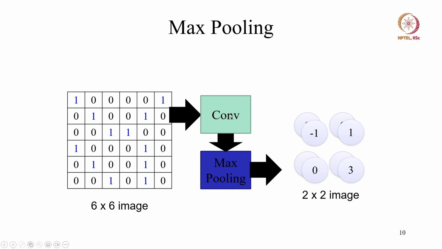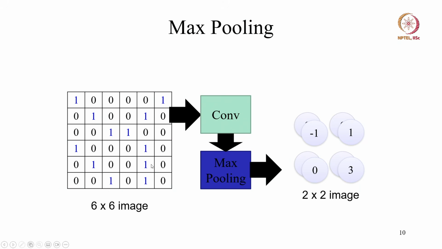Once you do the convolution, you do what is known as pooling. Pooling basically reduces the size of the convoluted image which you are going to get. You are reducing that size by taking a window, and each window is being replaced by just one value.